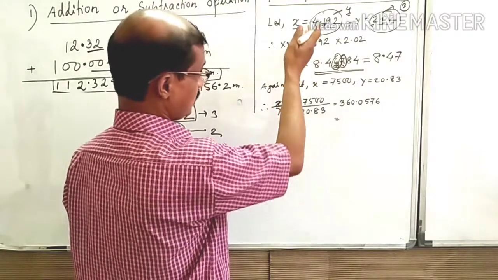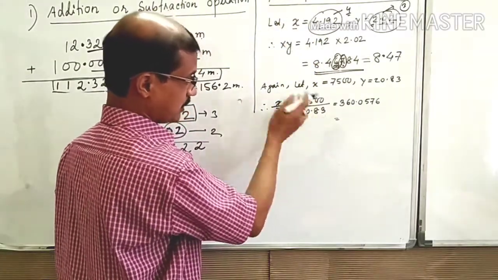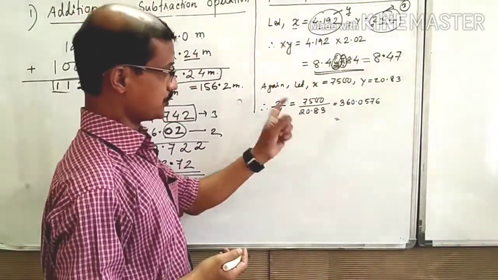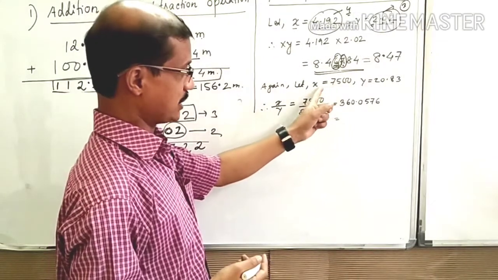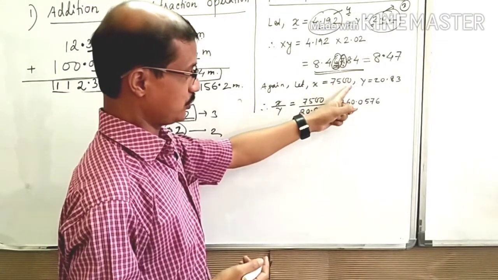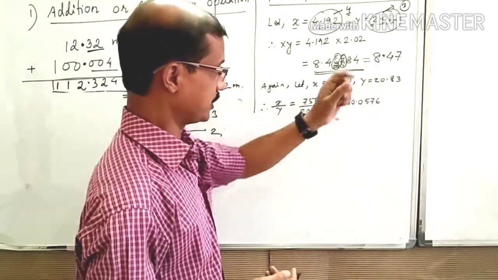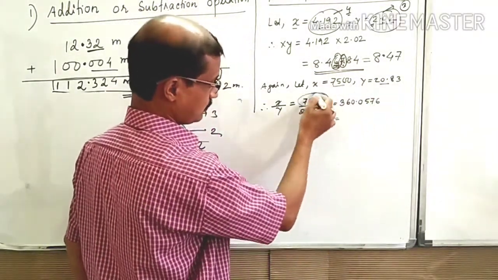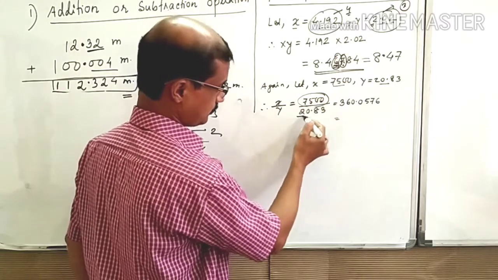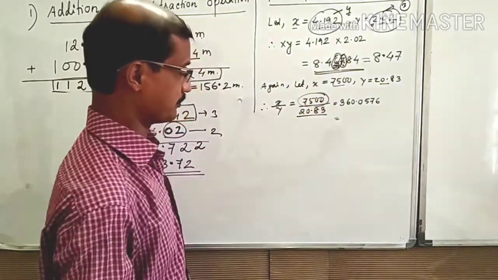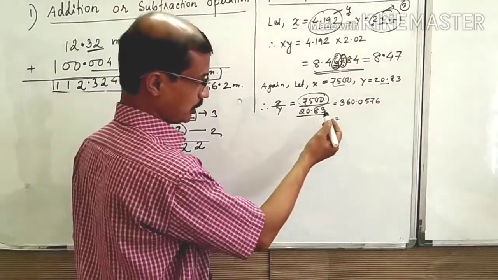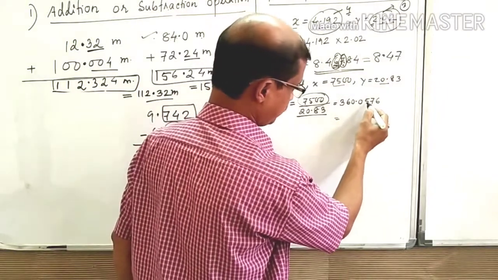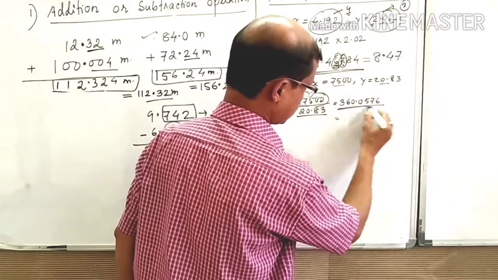The same rule is applicable in case of division. Suppose we have x equals 7500 and y equals 20.83. We have to divide x by y. So 7500 divided by 20.83, we get the value 360.0576. This is the result.